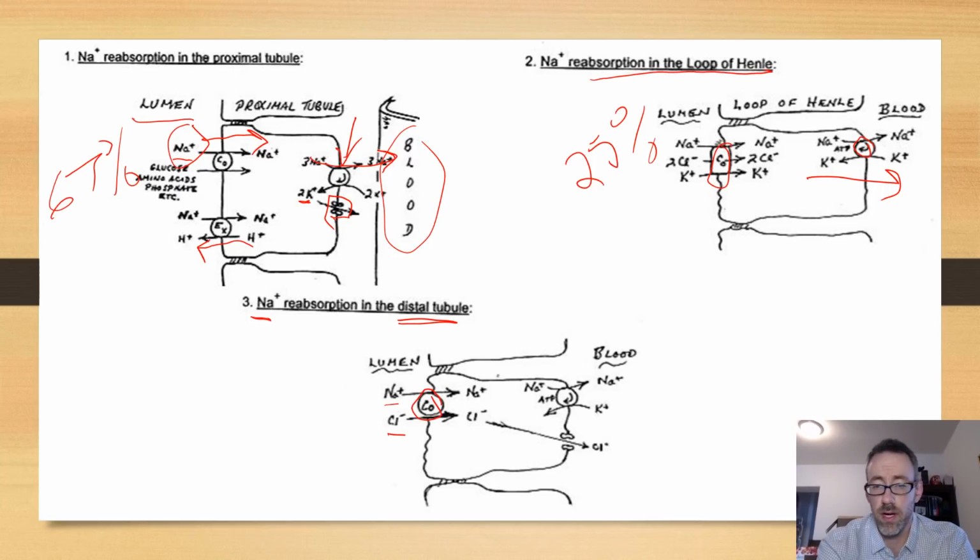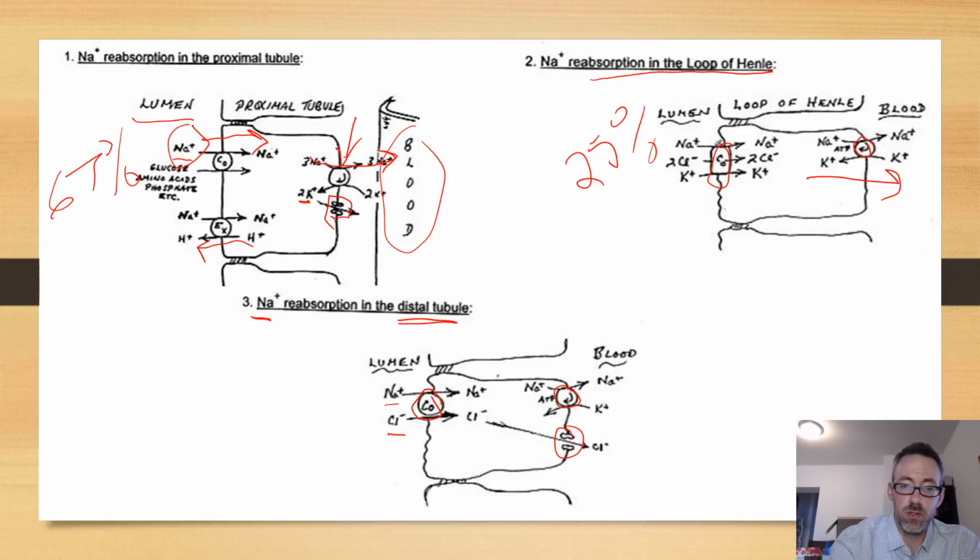You'll see some channels on the basolateral side for chloride, so that can escape into the interstitium where the capillary is, and we also have our pump there. So you're going to see these active pumps, and this is one of the major energy requirements, the ATP requirement to keep these pumps working, to maintain those gradients, so that they can constantly be pulling sodium in, sodium chloride, and some of these other ions as well that I've mentioned.